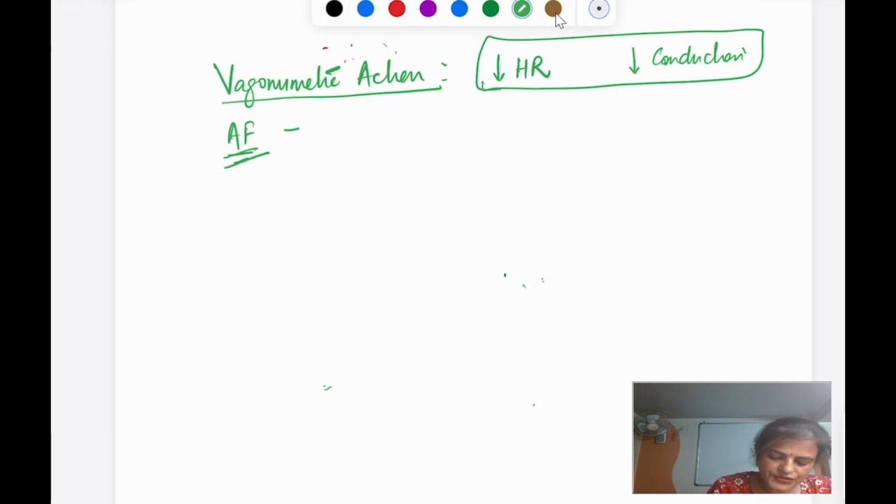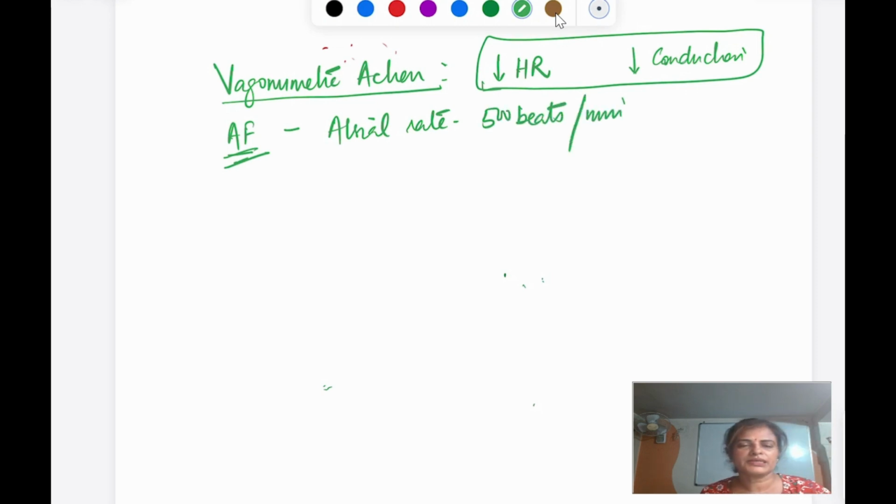The atrial rate in atrial fibrillation is 500 beats per minute. Okay? And in atrial flutter it is 200 to 350 beats per minute. Always remember one thing.